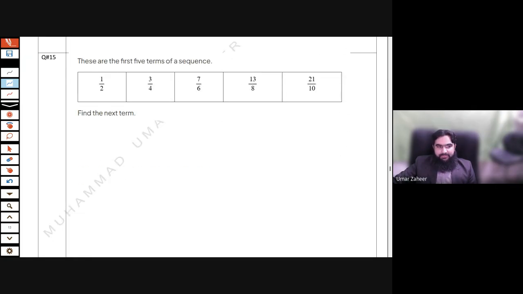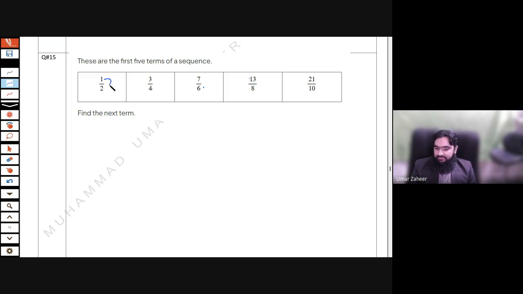All right. So we have the next one. We have to tell the next term. So look at this. 1 plus 2, 3. 3 plus 4, 7. 7 plus 6, 13. The same pattern.